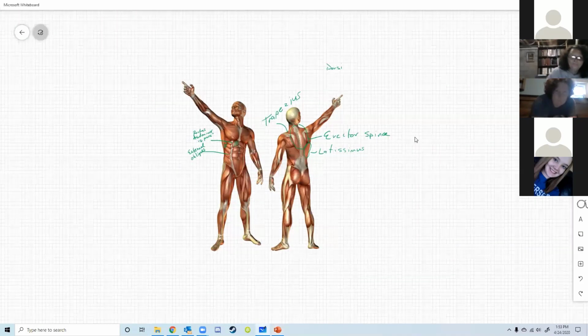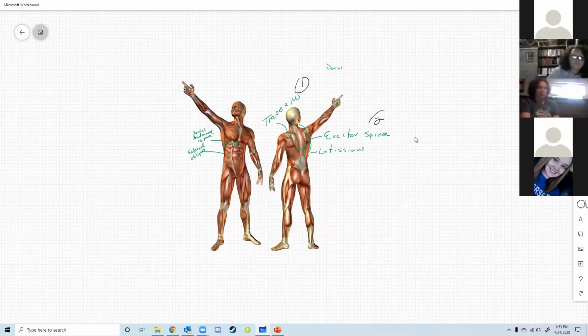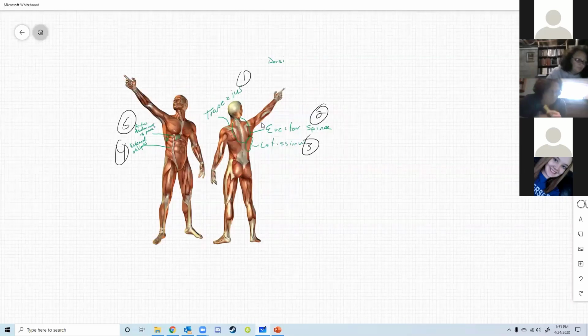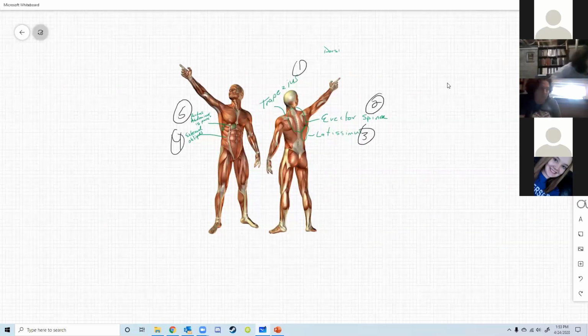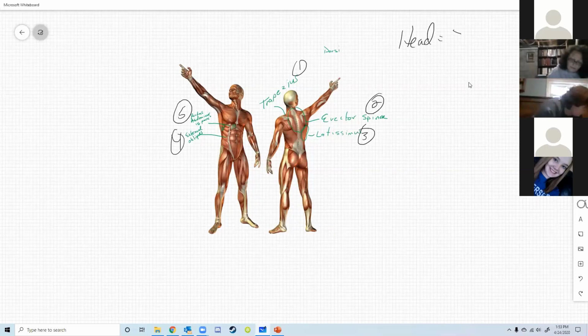So that was 1, 2, 3, 4, 5. We had 7 on the other one, right? I'm going to count this one as 8 with the trapezius. I'm doing back 4, chest wall was 3.